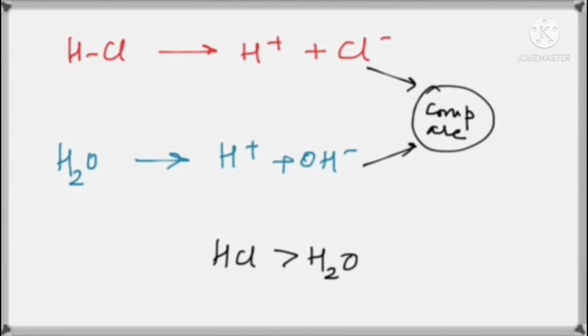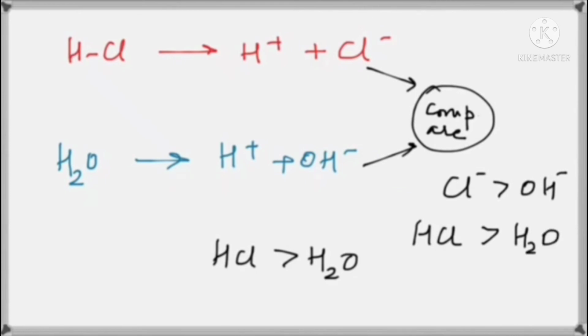I will show you how to do that. But for now, believe me that Cl minus is more stable than OH minus, and therefore HCl is a stronger acid than H2O. So in the next video, I will show you how to decide which conjugate base is more stable and therefore which acid is stronger. See you.